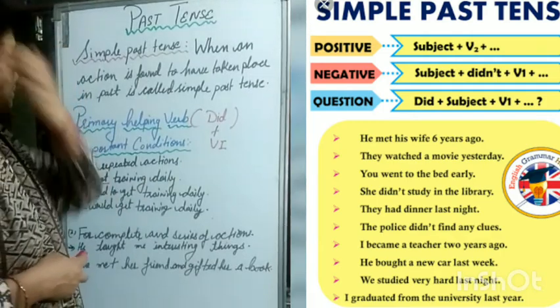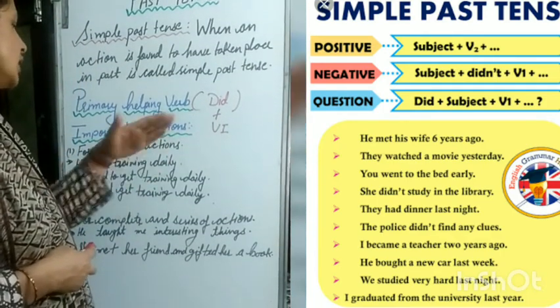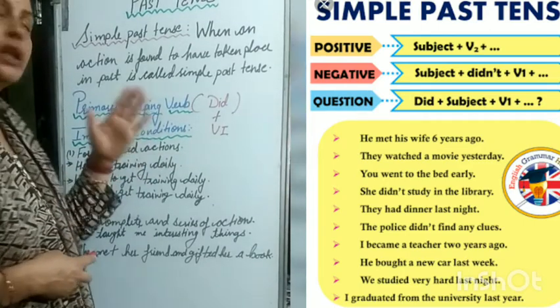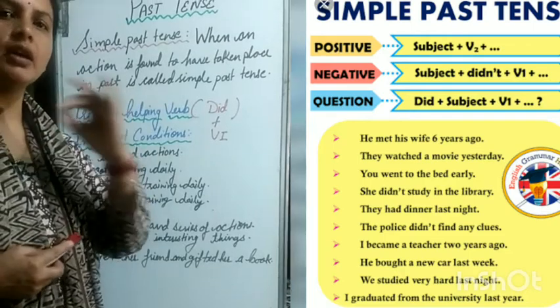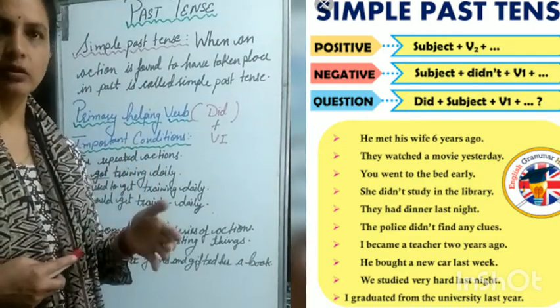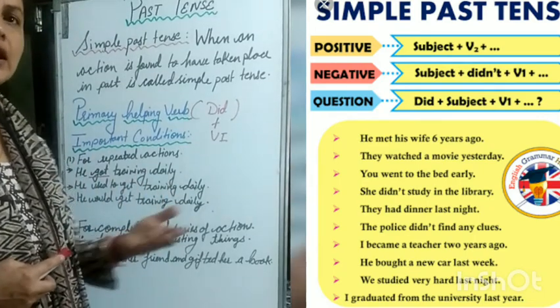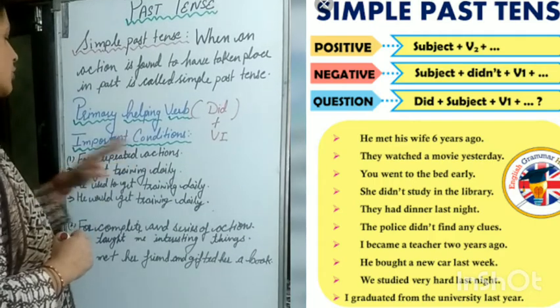He got training daily, he used to get training daily, he would get training daily. So all these three sentences are giving us one common idea, that is repeated action. That work is taking place daily. He got training daily.